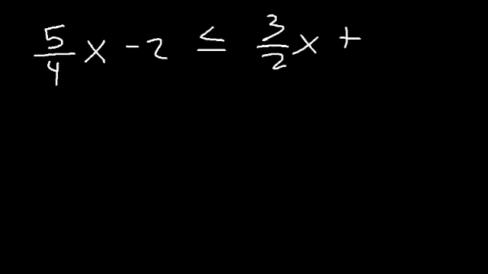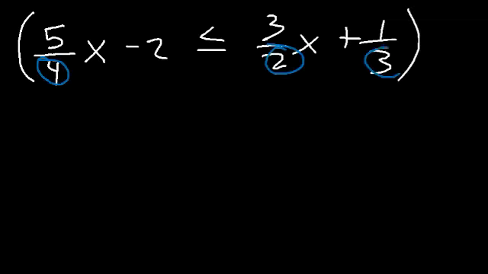Try this problem. 5 over 4 x minus 2 is less than or equal to 3 over 2 x plus 1/3. So now what would you do if you have many fractions? For a problem like this, you want to clear away all the fractions. Consider the denominators of 4, 2, and 3.